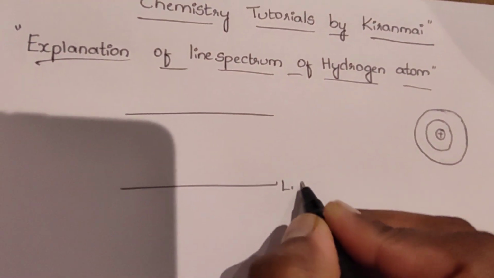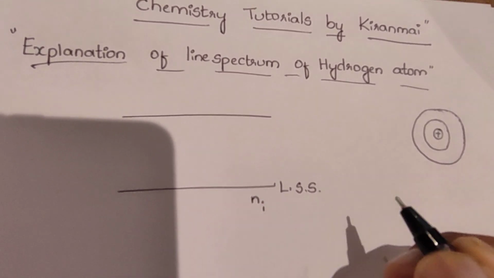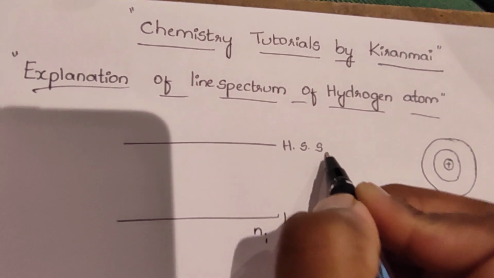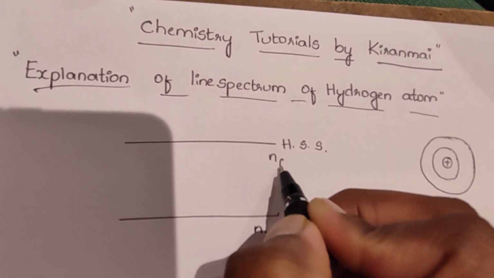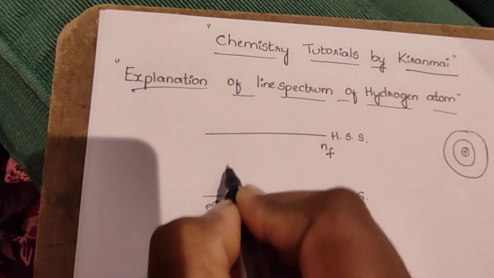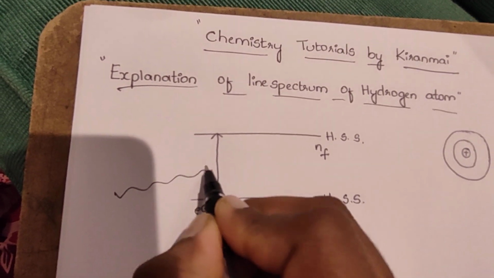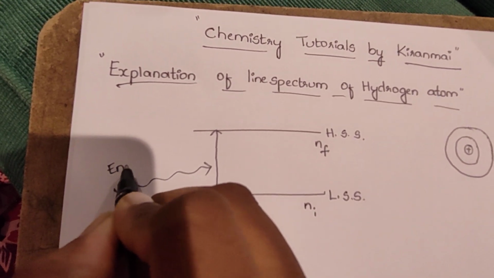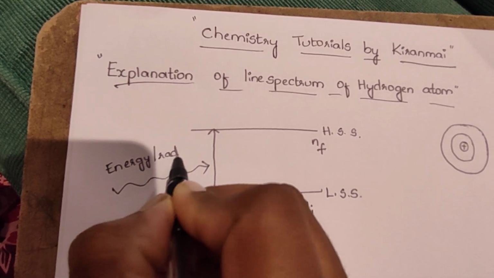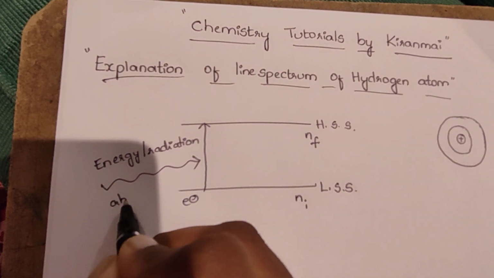This is the lower stationary state, let us name it Ni, and this is the higher stationary state, let it be Nf. If electron moves from lower stationary state to higher stationary state, energy or radiation is absorbed.